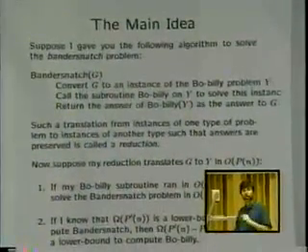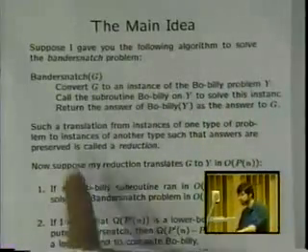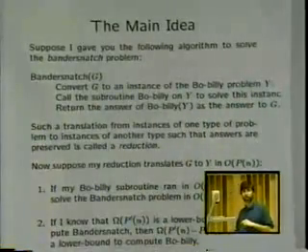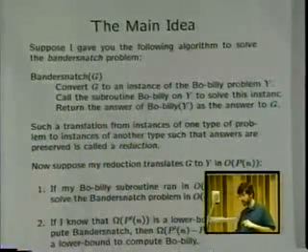If we can do the translation in such a way that the answers are preserved, this is going to be a correct algorithm. And the whole idea is how do we do the translation?